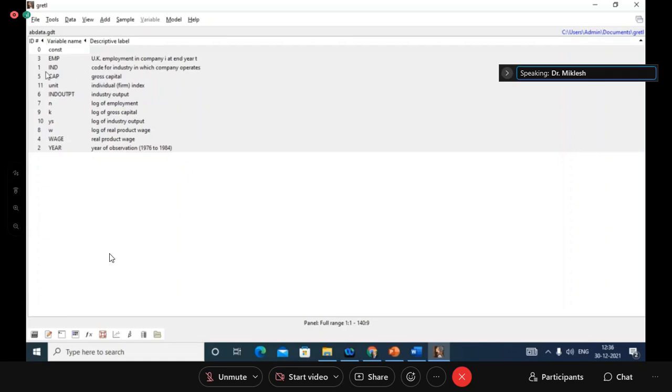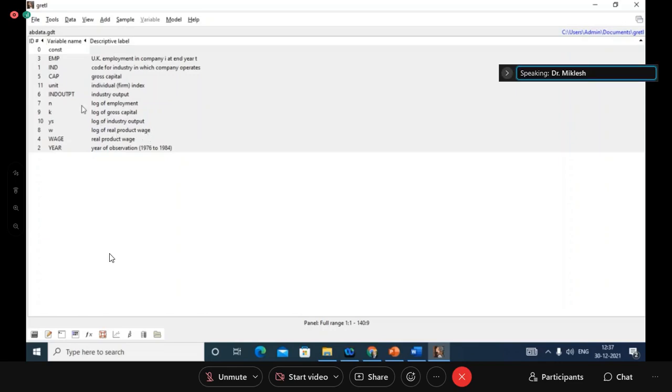CAP means gross capital. UNIT is the individual firm index. INDOUTPT is industry output. N is the log of employment. K is the log of gross capital. YS means log of industry output, and W means log of real product wage.